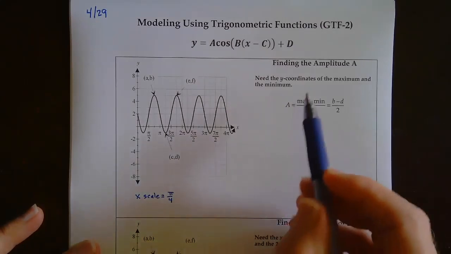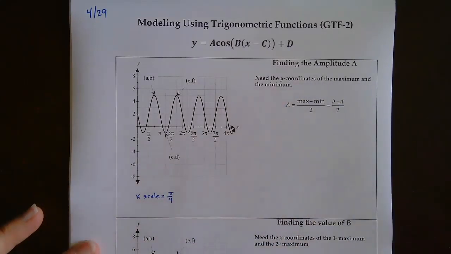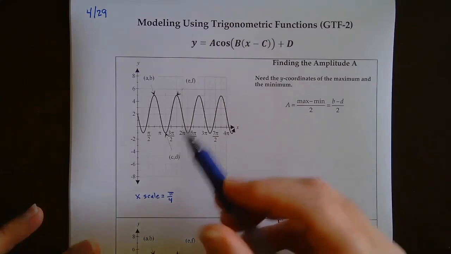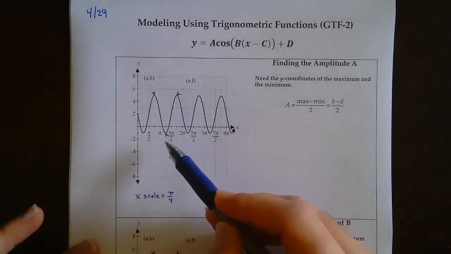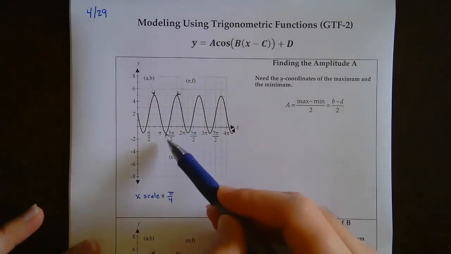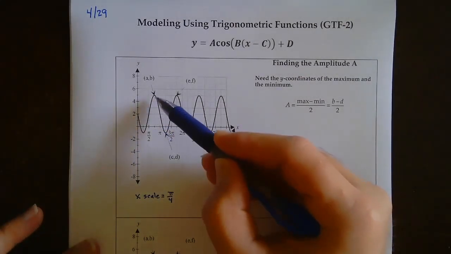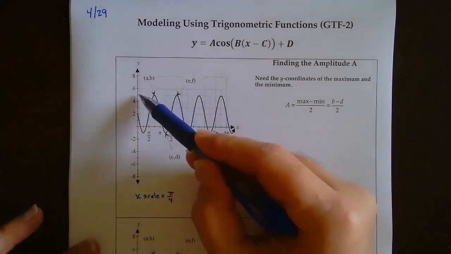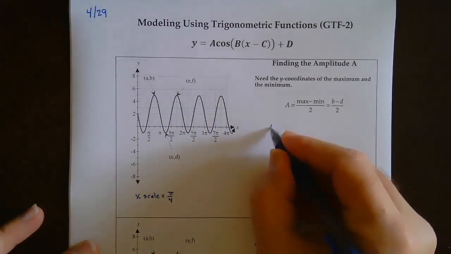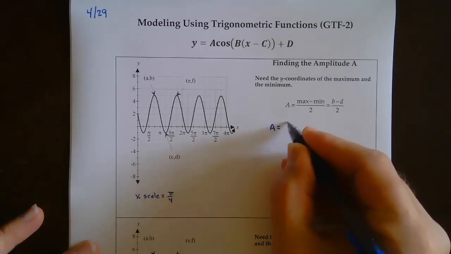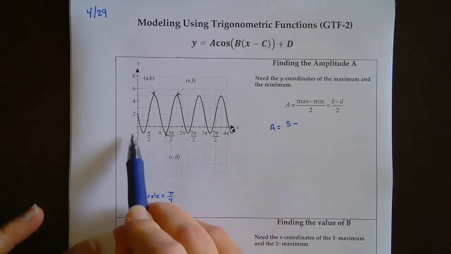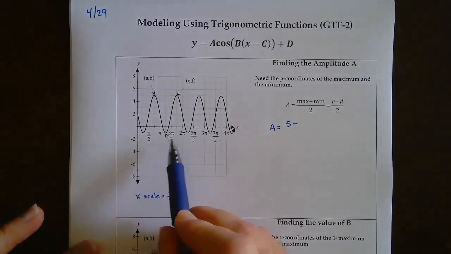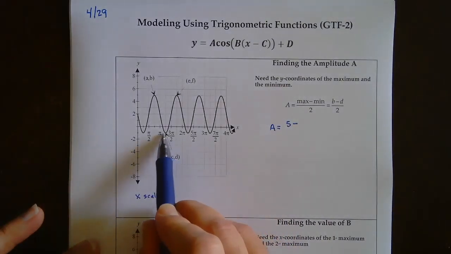To find the amplitude, that's how much vertical stretch has happened. What we have to do is take the max, minus the min, and divide by 2. If we look at this, our maximum is at 5, right? So our A is going to equal 5 minus our minimum, and our Y scales by 1. I should have said that. So this minimum right here is at -1.